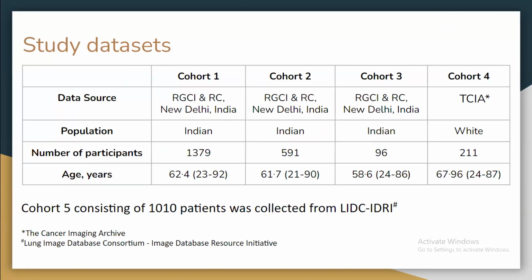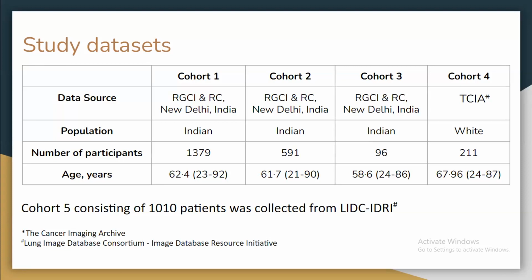They were collected from an oncology hospital. In this cohort, all these patients were Indian. Their ethnicity was Indian, and they were from 23 to 92 years of age. The mean age of these patients was 62.